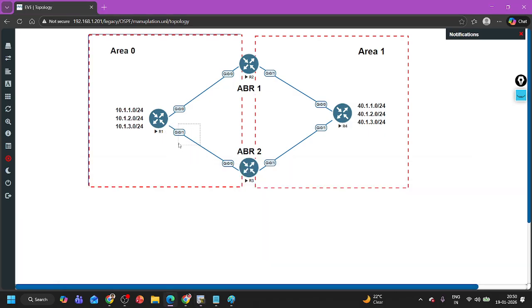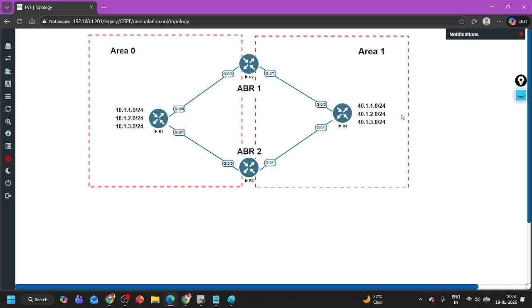But if you manipulate the cost of this link, can anyone tell me what the issue is? Instead of running the max-metric command, if I increase the cost on this link, then it will also prefer R2 to reach the 40 subnet, and when R2 goes down, it will install the lower path.